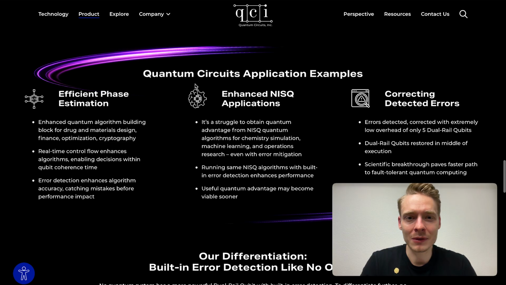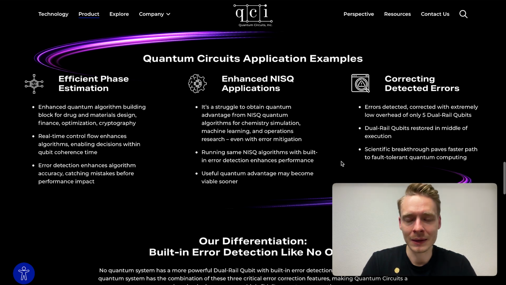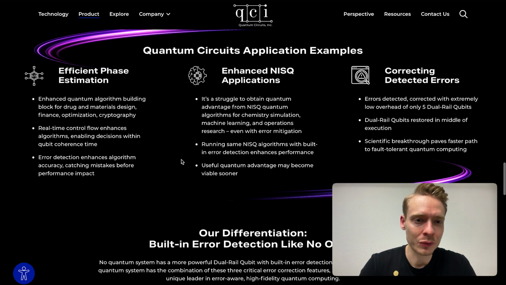Okay, and then quantum circuit application examples. So these are examples of how to use this. Efficient phase estimation, an enhanced quantum algorithm, building block for drug and materials design, finance optimization, and cryptography.